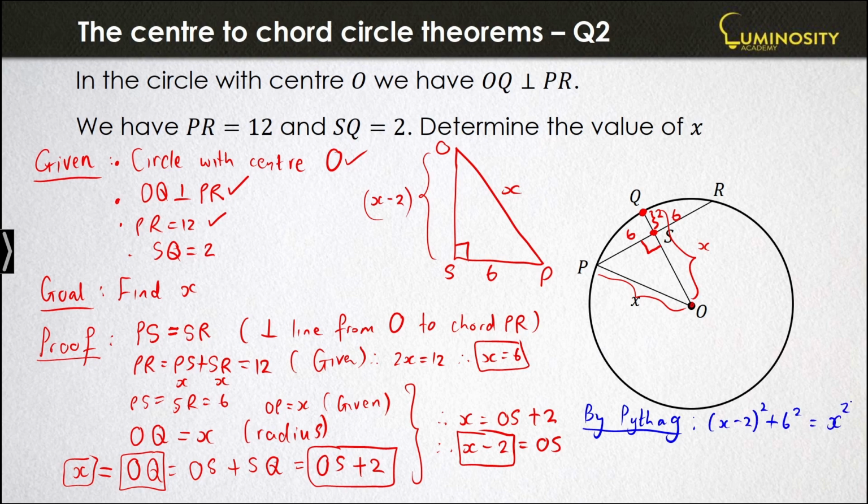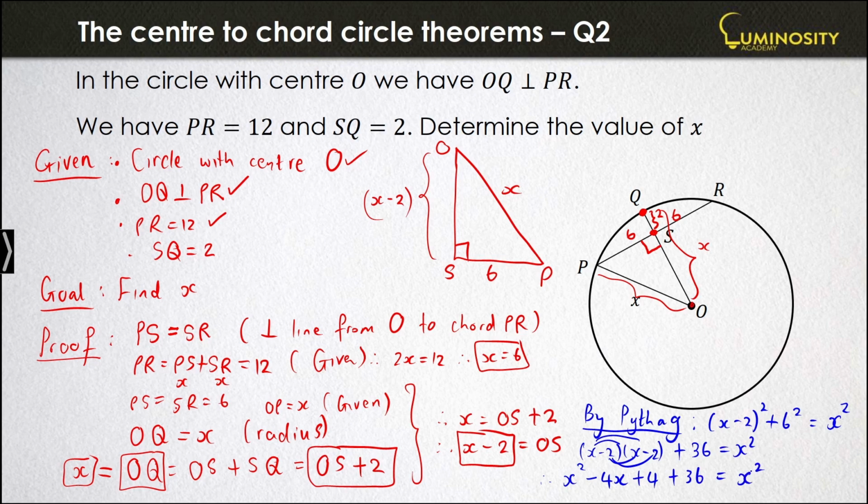Now we have an algebraic equation where the unknown variable is X, so we get our algebraic toolkit and solve for X. Let's expand the X minus 2 all squared. That is X minus 2 times X minus 2, plus 6 squared is 36, equals X squared. If I distribute this out, I get X squared minus 4X plus 4, plus 36 equals X squared.